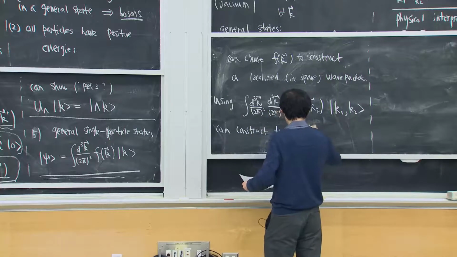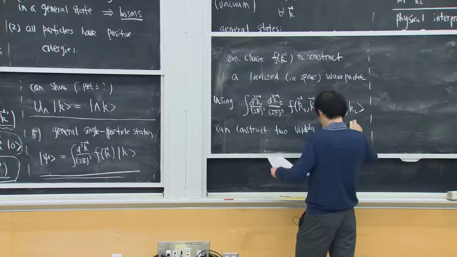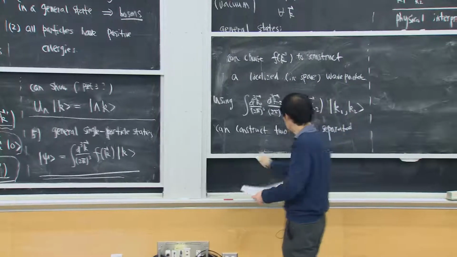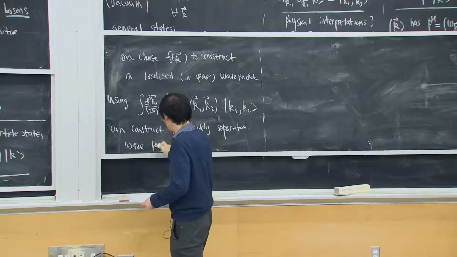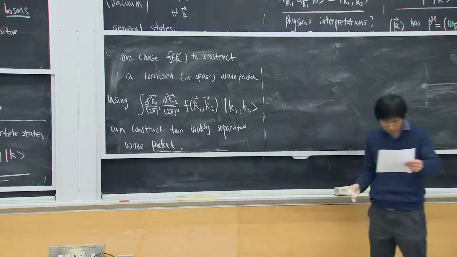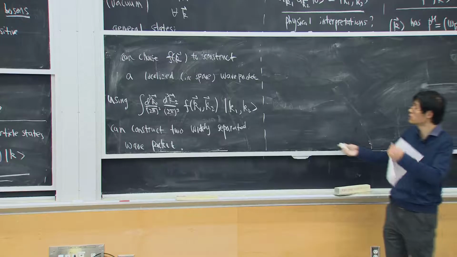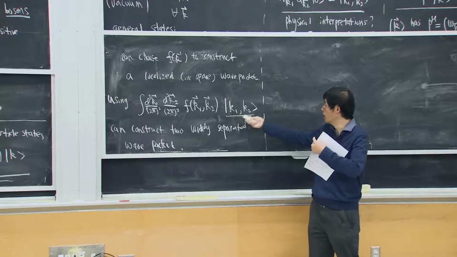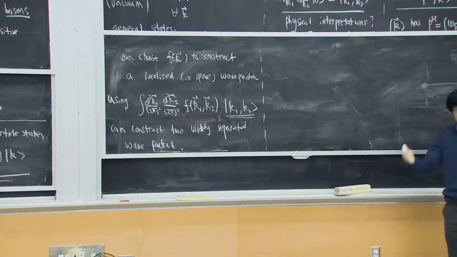Widely separated, again in space. So you can really talk about these as genuine two-particle states, okay? And so that confirms that this should be interpreted as the plane wave version of the two-particle states, okay?